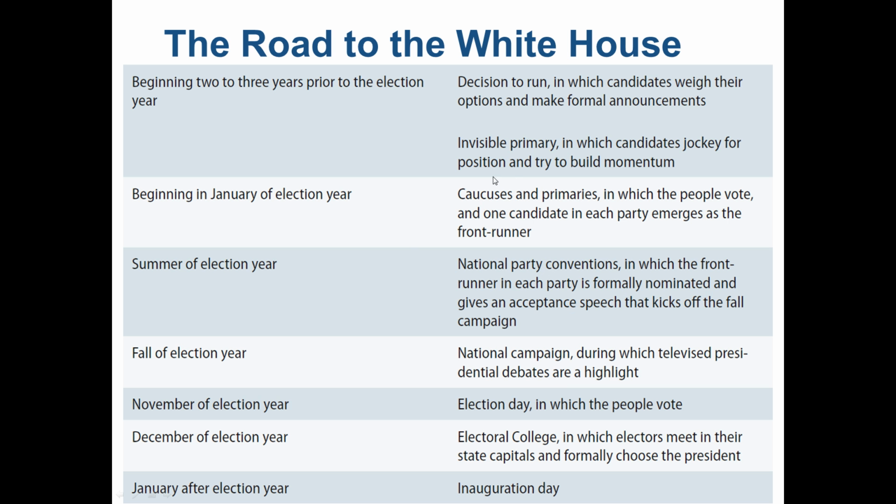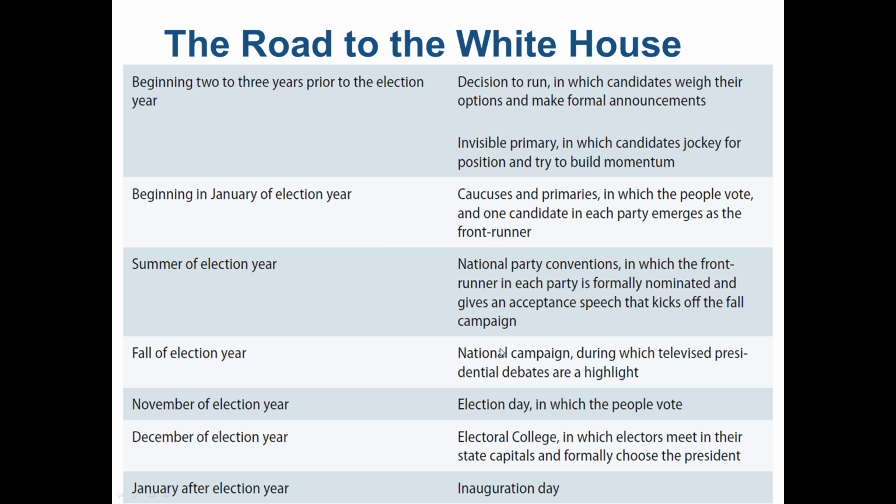The primary here, starting again in either late January or early February, getting into having a party nominee. The national party conventions are where the person who wins the primary is formally nominated.